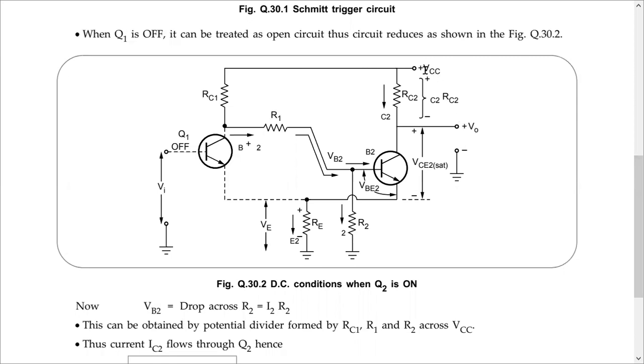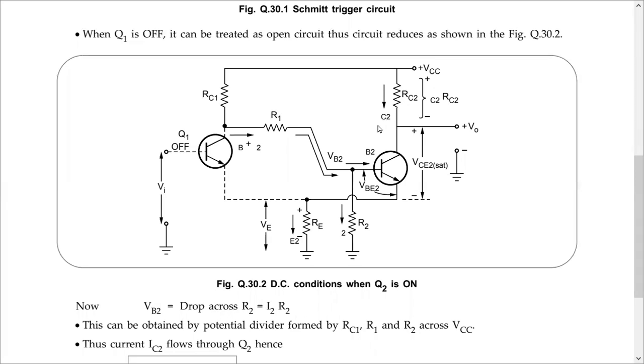VCC, after some loss here, gives us V0. So V0 will be VCC minus this voltage, and using Ohm's law, this voltage is current times resistance: the current here is IC2 and the resistance is RC2.